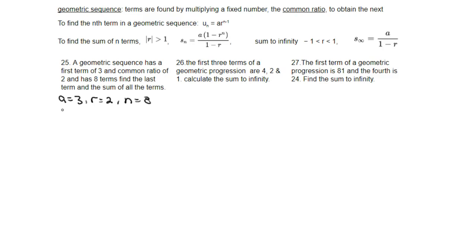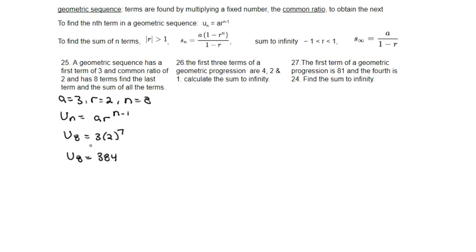So in this case, they want us to find the last term. That would be the 8th term. And so I'm going to use this formula up here. And so let's try it. If I write the formula first and then fill in the information that I know, all I've got to do now is take 2 to the 7th power and multiply by 3.